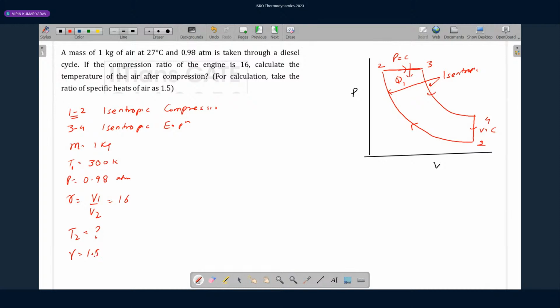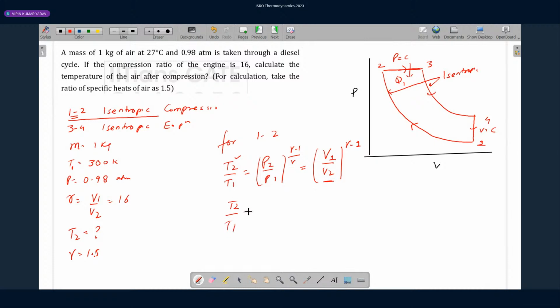It's very simple. I know that 1 to 2 is isentropic compression. So for 1 to 2, I can write T2 by T1 equals P2 by P1 to the power gamma minus 1 by gamma, and V1 by V2 to the power gamma minus 1. So I need to find T2.